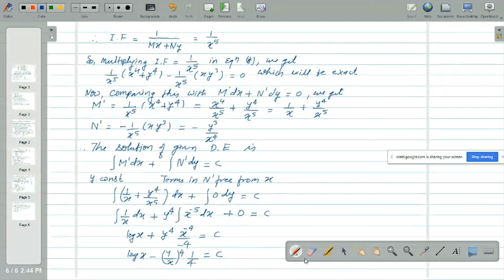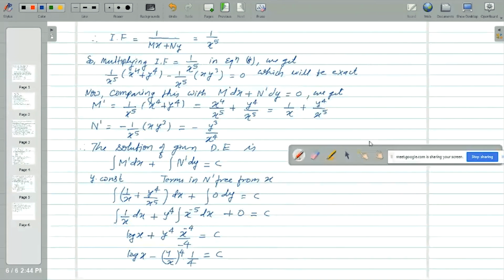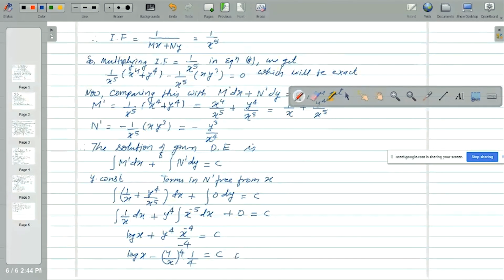So this is the required solution of given differential equation. Okay, I hope you understood this.